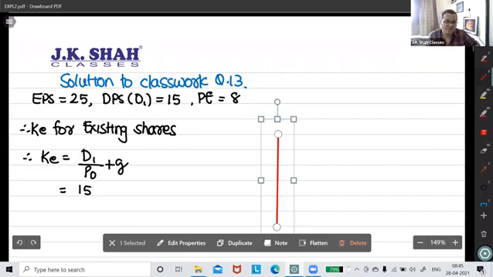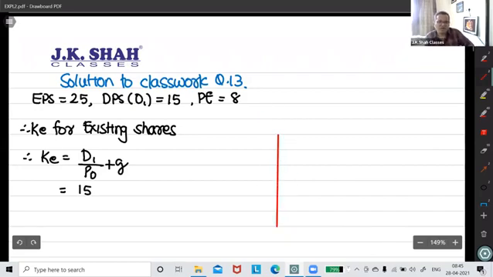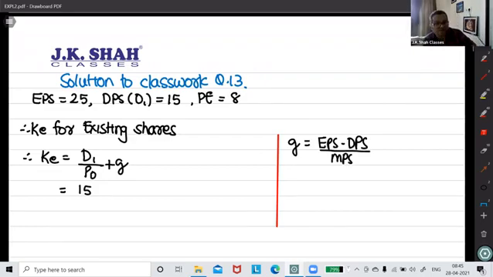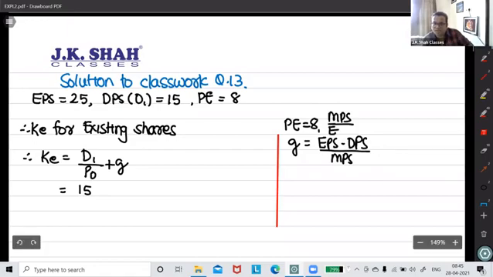First of all, you should know that we can get growth as EPS minus DPS upon MPS. EPS and DPS are there, MPS is not there, and for that you use P/E. P/E is 8, so MPS upon EPS is 8.